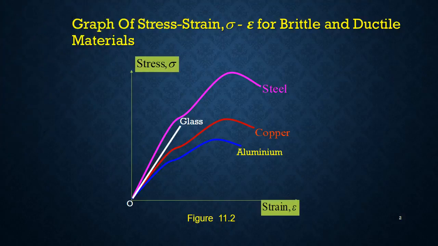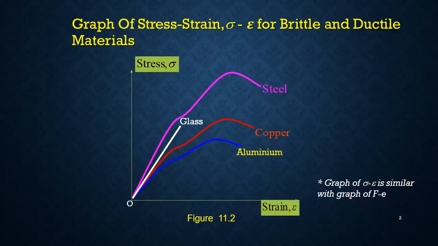Figure 11.2 shows the graph of stress versus strain for various materials. From the pattern of stress versus strain, we can categorize the material as either ductile or brittle.